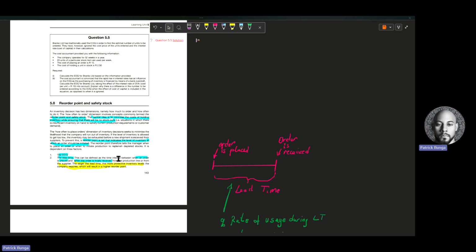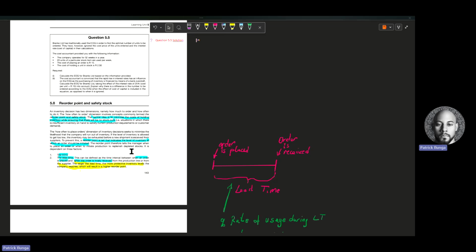So to prevent this, we need to establish a reorder point that will indicate the level of inventory at which an order should be initiated. So we're saying, okay, we have this amount. If the inventory drops to a certain point, we need to initiate the reorder to replenish the stock.